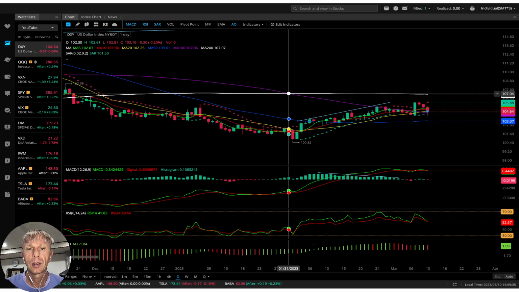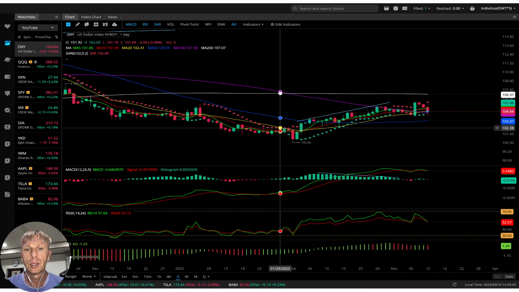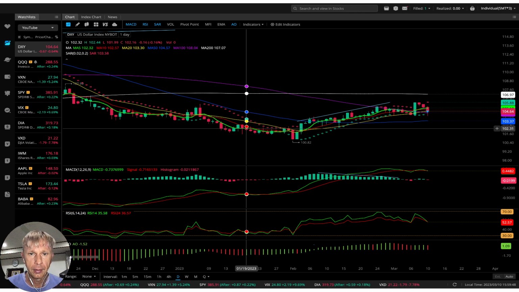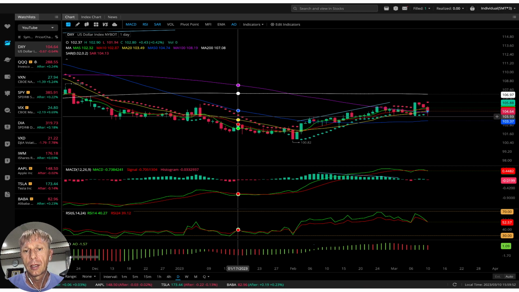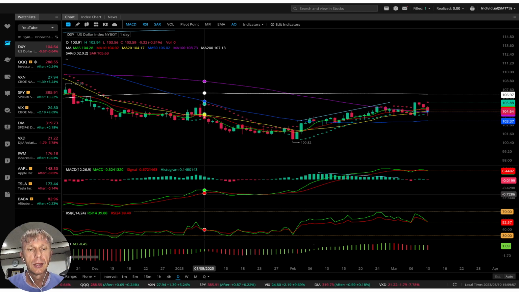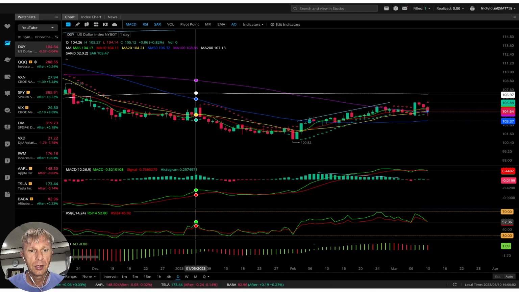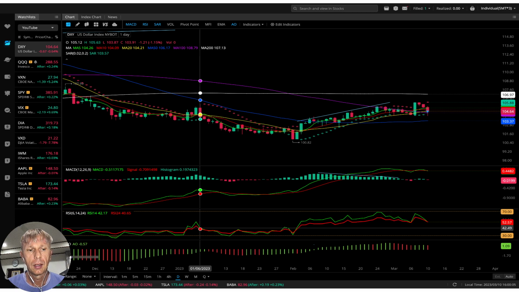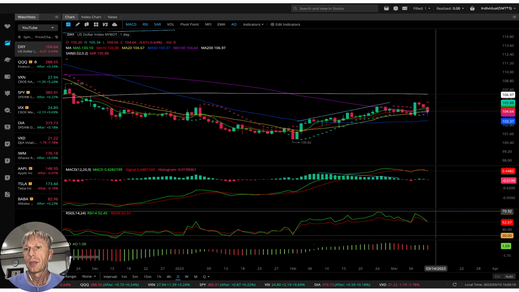White line MA 200, purple line MA 100, blue line MA 50, yellow line MA 20, red line MA 10, green line MA 5, and the top and reversal indicator, these red dots and green dots. MACD indicator, green line, red line, signal line, histogram also. RSI indicator, green line and red line, signal line, and also oscillator, green is bullish, red is bearish. That's all, very simple.